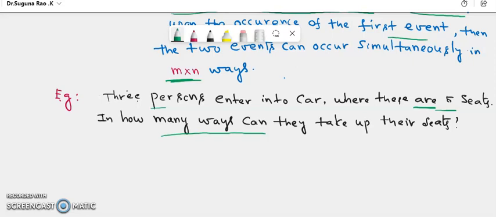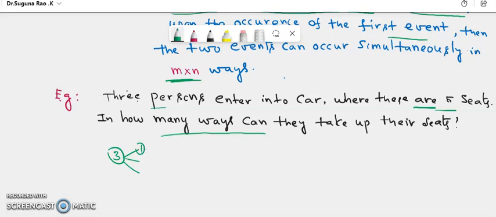By using the product rule, we will solve this problem in the following way. There are 3 persons, and we take 1 person.